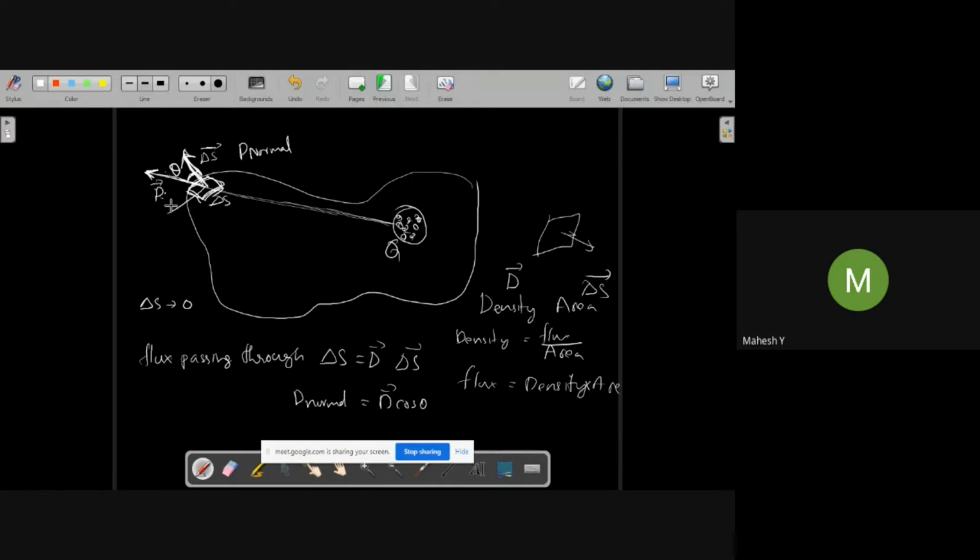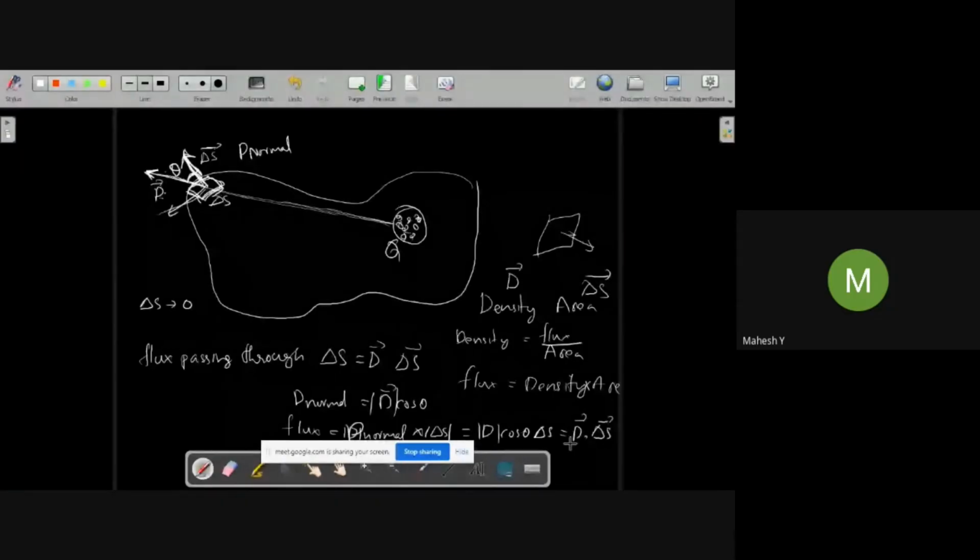If you split like this, D parallel and D normal, D normal will be mod D cos theta, and delta S is delta S itself, the magnitude of delta S. So flux is equal to mod D normal into mod of delta S, which is nothing but mod D cos theta into delta S, or vector D dot vector delta S, correct?